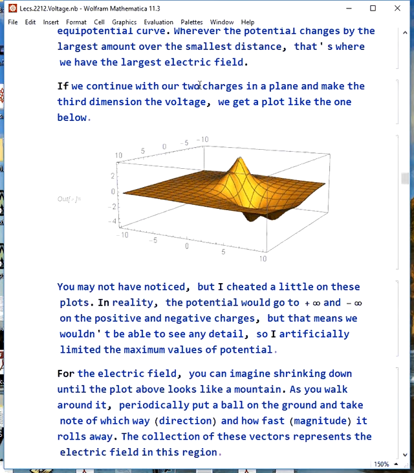If we keep our two charges in a plane and make the third dimension voltage, again like height, we could also write it like this picture. So we have our height here, this is a higher voltage, this is a lower voltage. Now, I cheated a little bit on these plots, and the reason is, with positive and negative charges, the heights would really go to positive infinity and negative infinity, and that means we couldn't see any detail, so I just artificially capped these values.